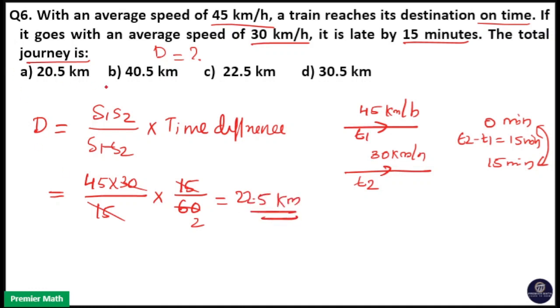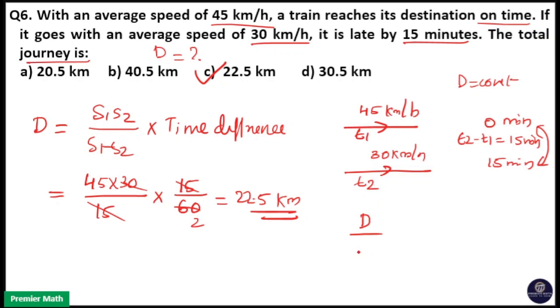Option C is your answer. Here, this formula is derived from T2 minus T1 is equal to 15 minutes. Distance is constant in both cases, so T2 is equal to distance divided by speed.